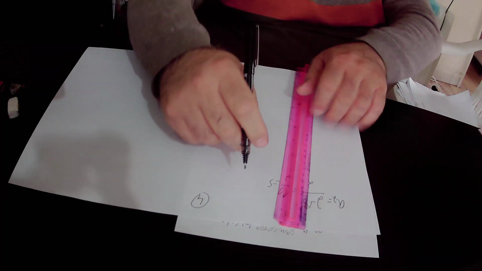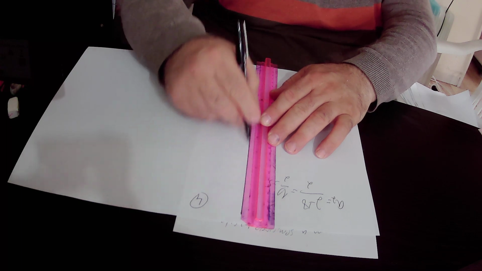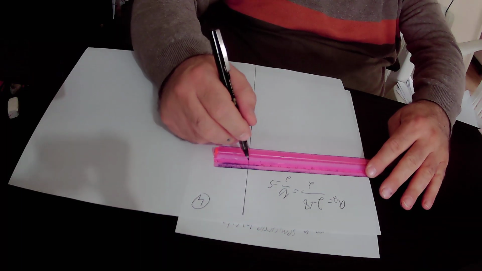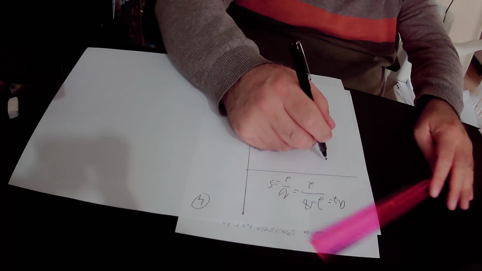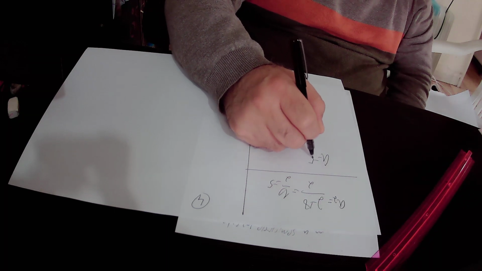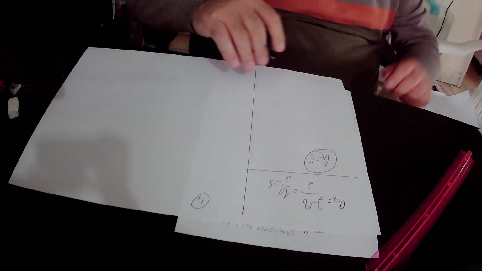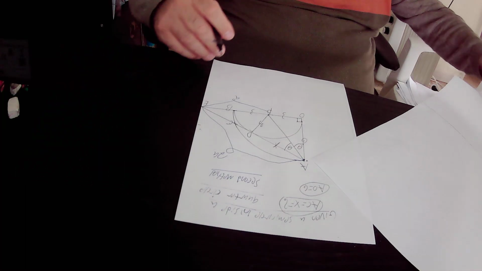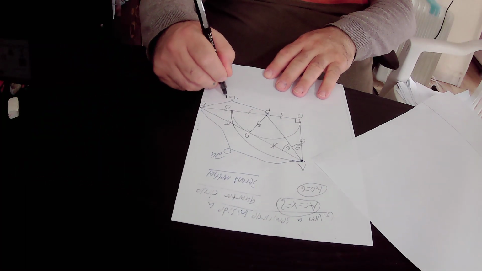So we found out that A2 equals 5. So here we can write down that A equals 5.